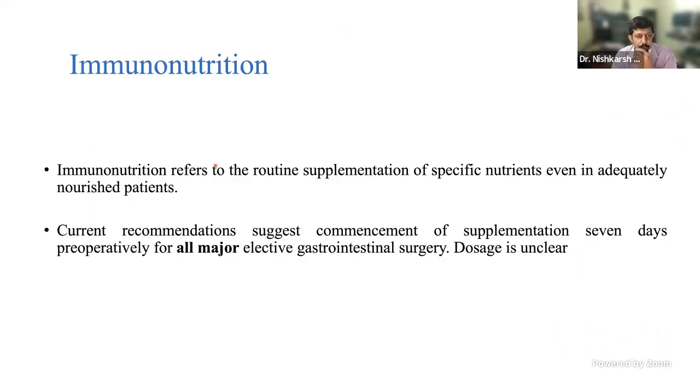Now, a word about immunonutrition. It refers to routine supplementation of specific nutrients, even in adequately nourished patients. Current recommendations suggest supplementation even for 7 days preoperatively for all major elective surgeries, but the dosage is not very clear.